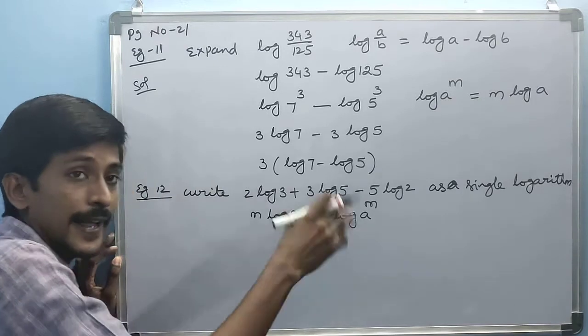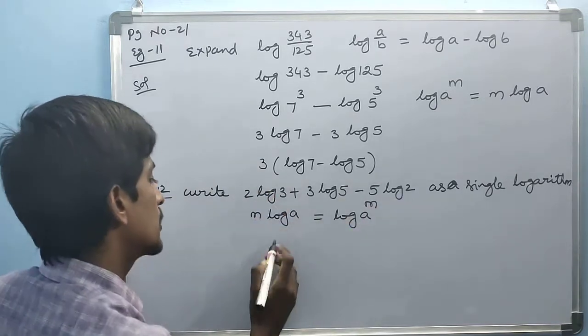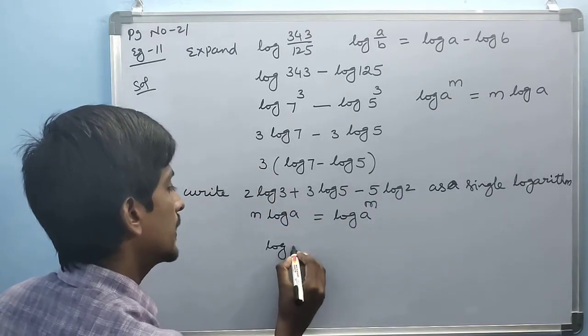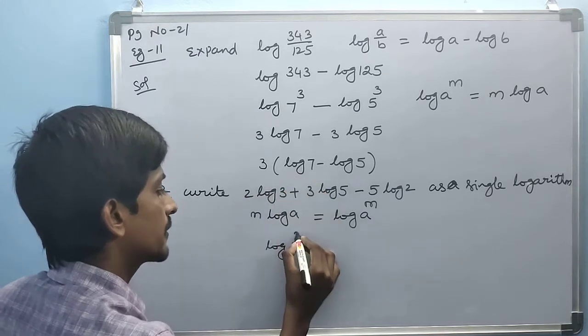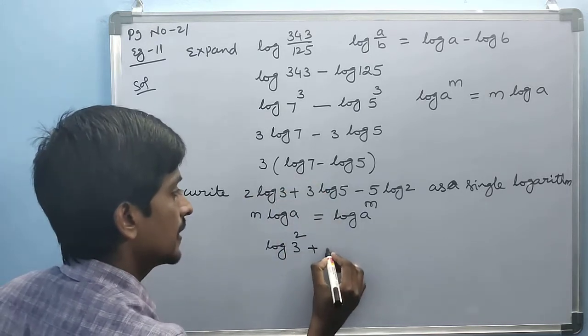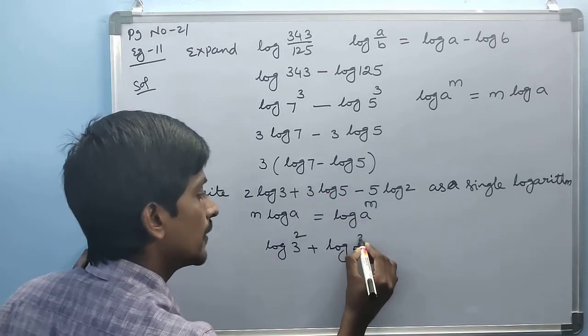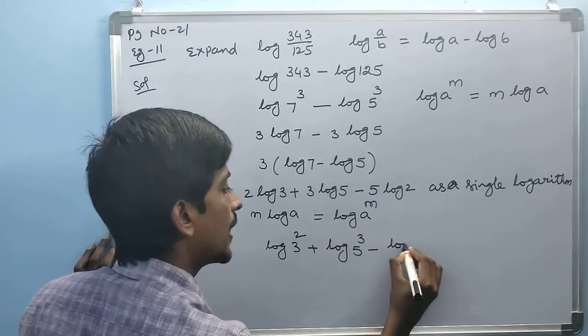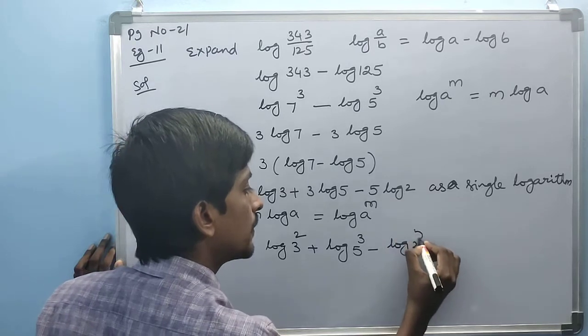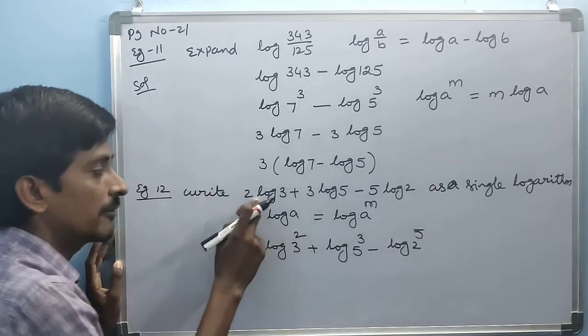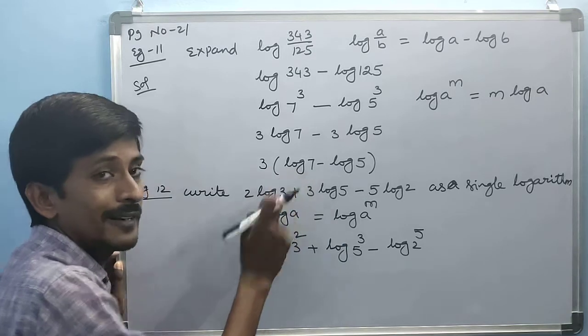So here log 3 square plus log 5 cube minus log 2 to the power of 5. The number before is transferred to the power.